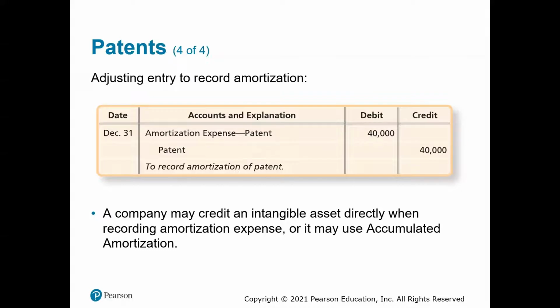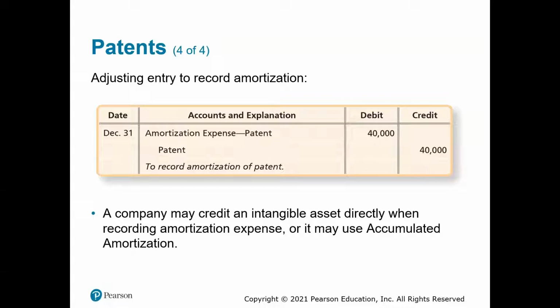Here, notice that Smart Touch Learning credited the amortization directly to the intangible asset patent instead of using an accumulated amortization account. A company may credit an intangible asset directly when recording amortization expense, or it may use the account accumulated amortization.